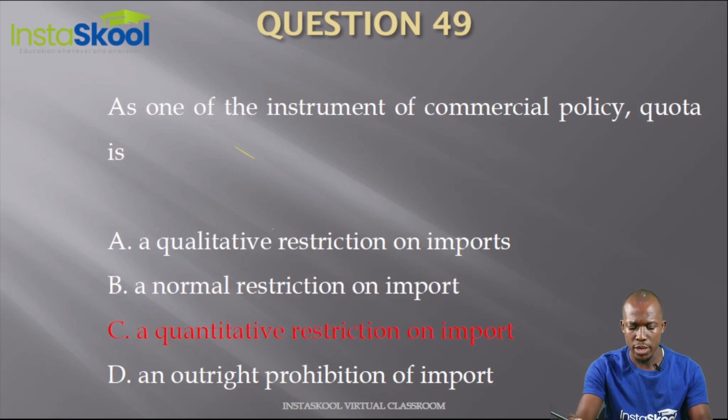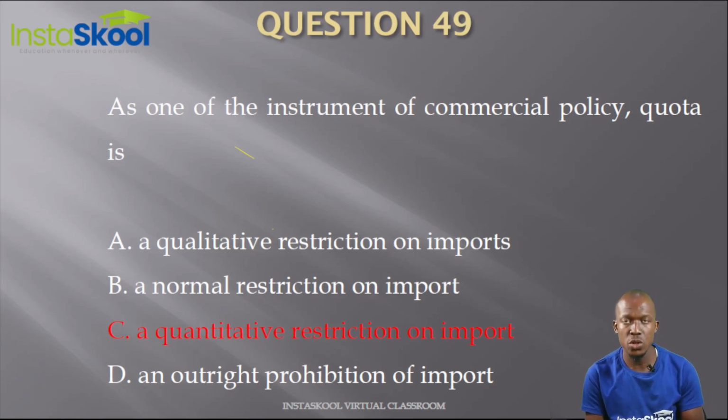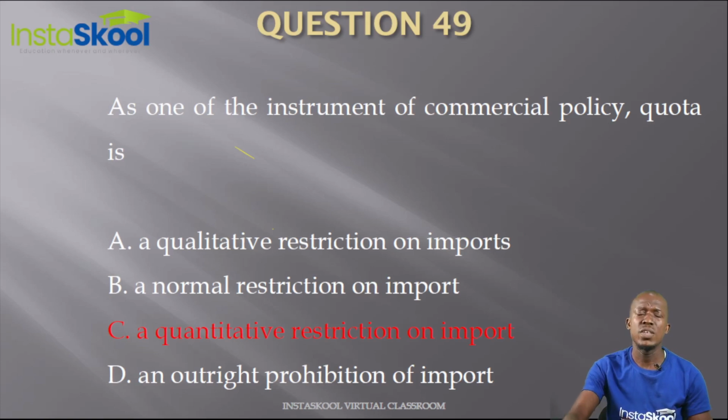Question 49. And this is, as one of the instruments of commercial policy, quota is dash. Is it a qualitative restriction on imports, or a normal restriction, or a quantitative restriction, or an outright prohibition of imports?